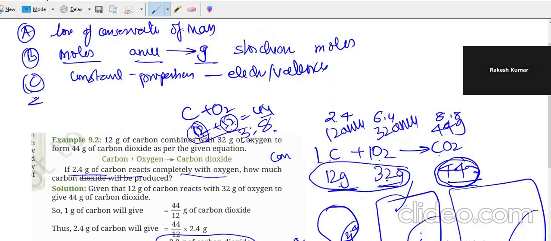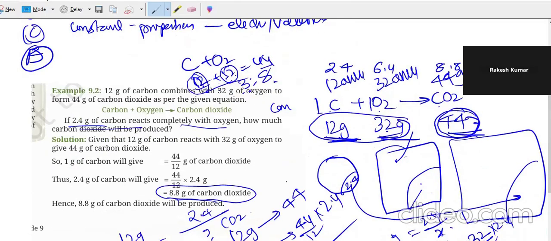Fourth, now this is the most important. If 12 gram is reacting with 32 gram to give 44 gram, and you take less of carbon, 2.4, it will react with the same ratio. If 12 gram is giving you 44 gram, how much carbon dioxide will 2.4 produce completely?